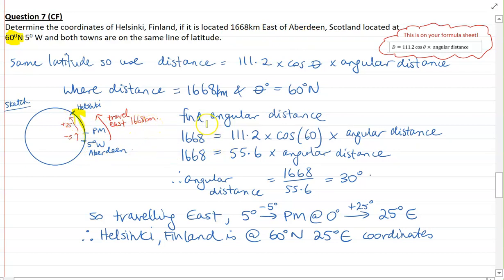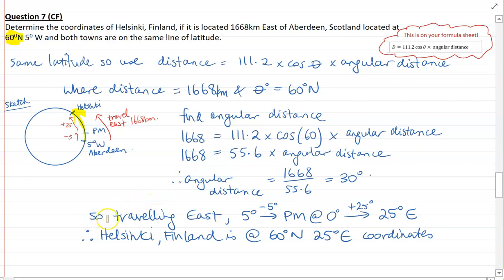Okay, so if I sub what I know into the equation, the distance, the latitude, what I'm solving for is the angular distance. So I evaluated 111.2 times cos of 60, and that gave me 55.6. Then to get the angular distance, I simply need to divide by the 55.6, and that gives me an angular distance of 30 degrees.